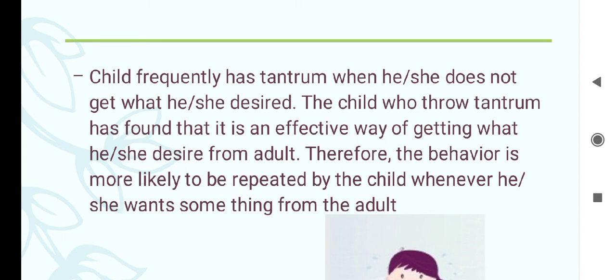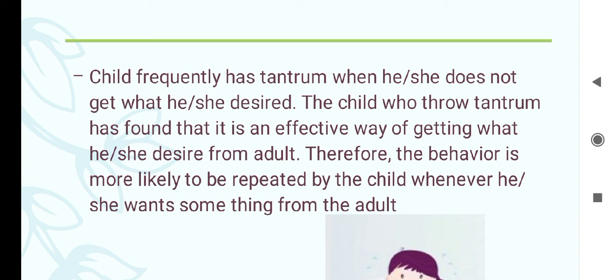For example, children who have symptoms of Asperger or ADHD, or severe or serious autism. So they might show a tantrum because of internal factors, biological factors. So that is normal when they are in an older age or preschool age.